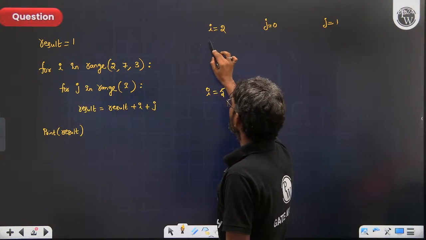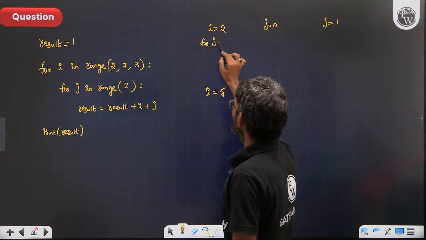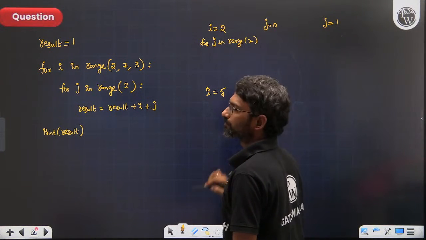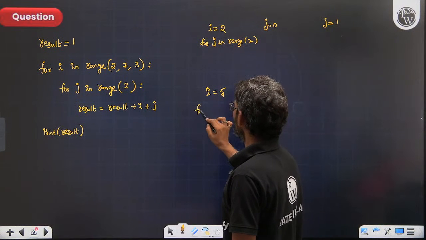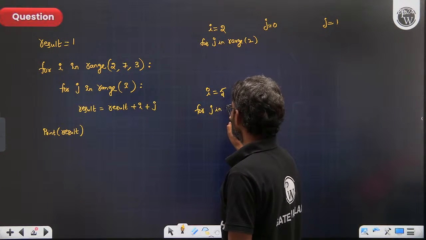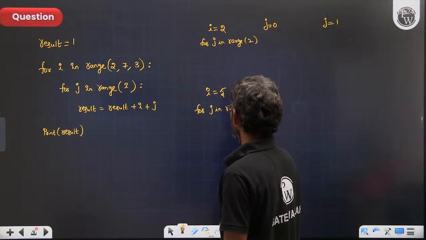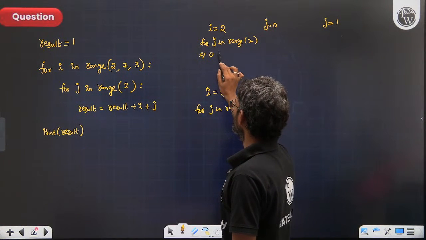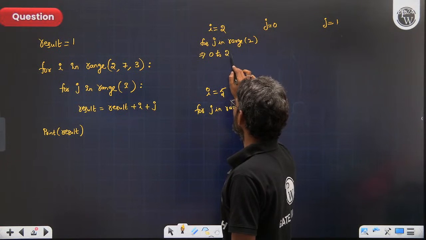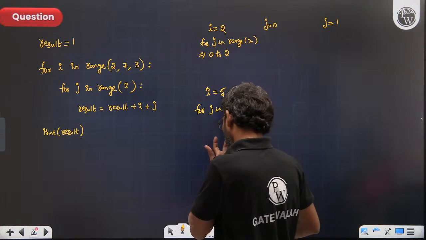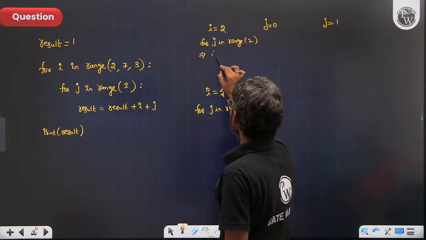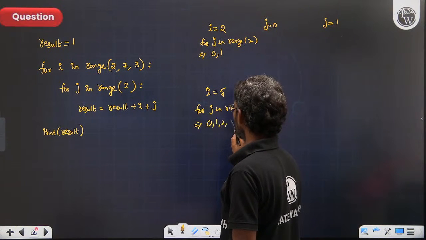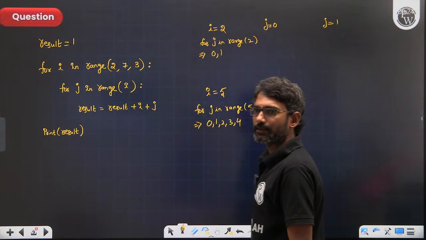That means for j in the range of 2. Here for j in the range of 5. What does that mean? 0 to 2. That means 0, 1. Here 0, 1, 2, 3, 4. Like that.